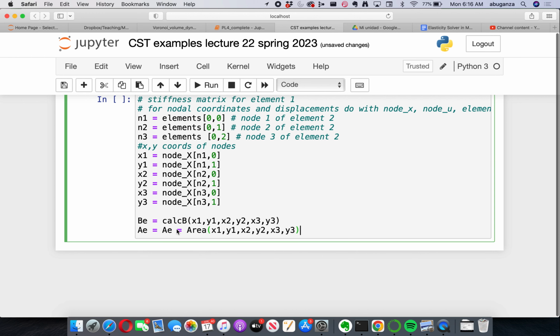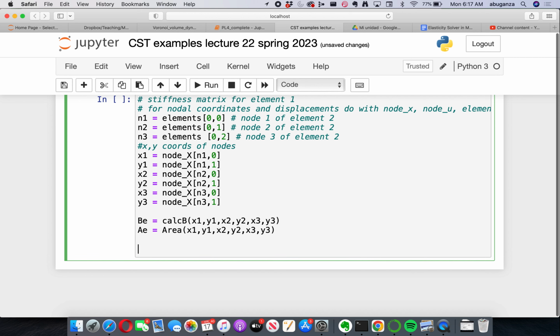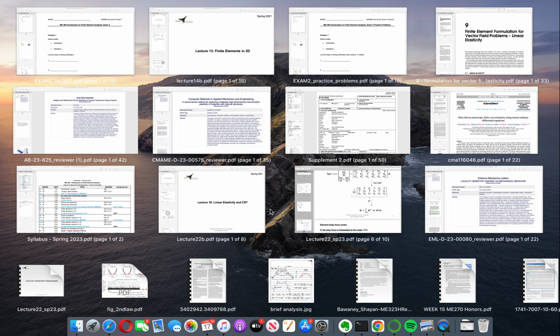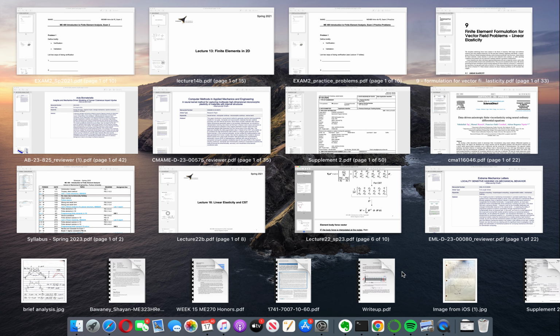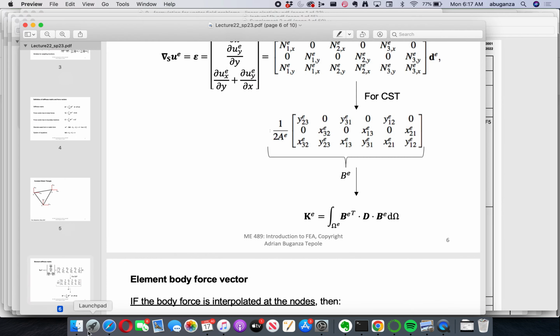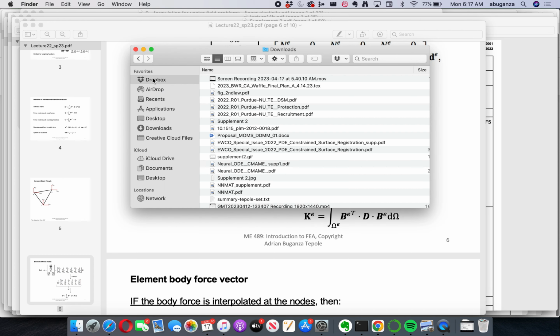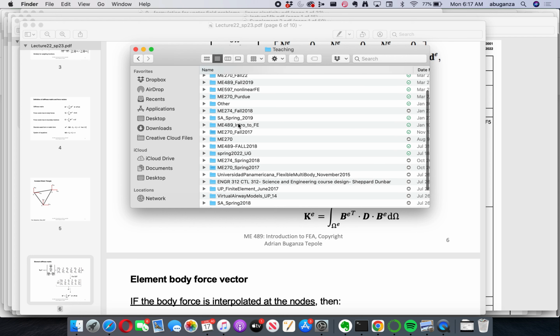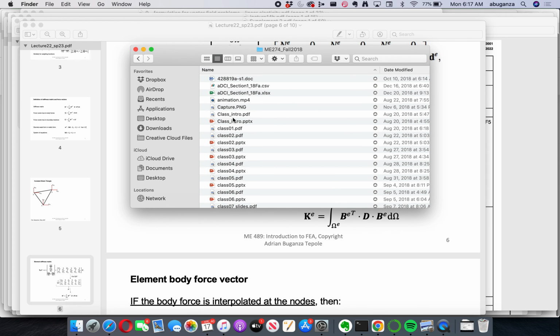Again, it's a function that is defined above, so area, and then I need the D matrix. The D matrix has material properties, and I wonder if it appears here because I've used it before. It's not there, so I'll have to find it very quickly. It's in the book.